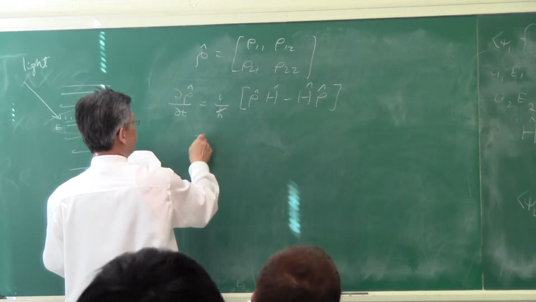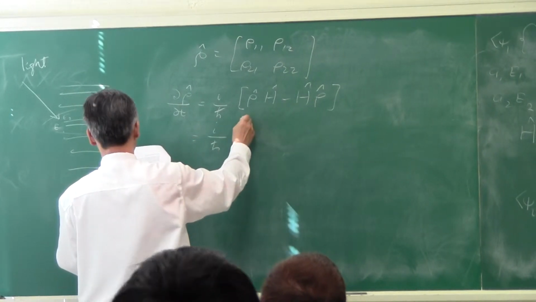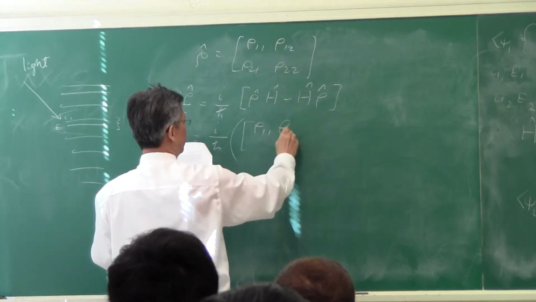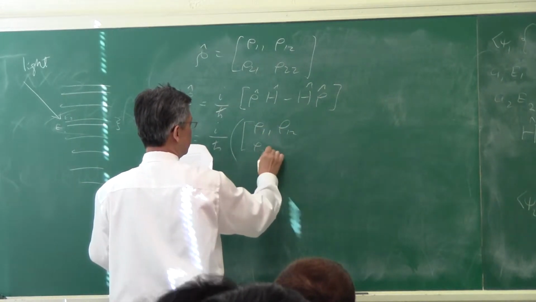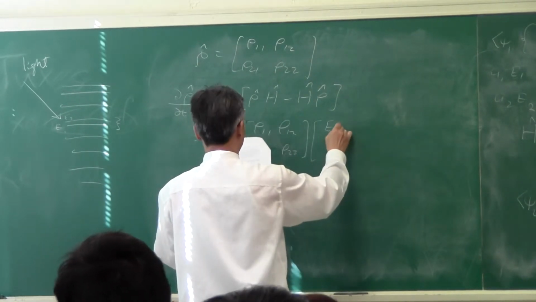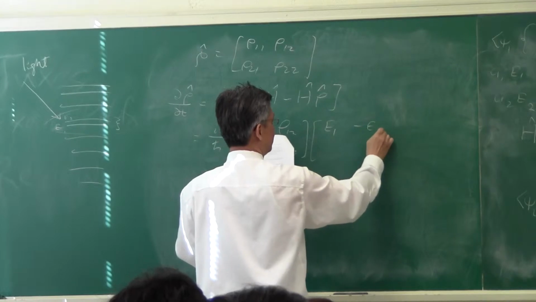Okay? And then the rest is just lots of details, okay? Rho 1,1, rho 1,2, rho 2,1, rho 2,2, and then you just plug in the Hamiltonian, the subspace projected Hamiltonian.